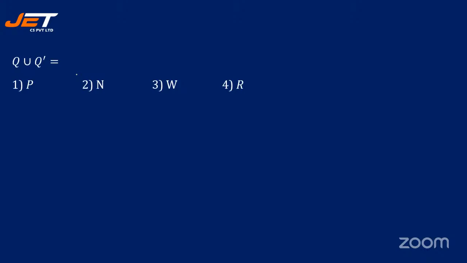Q union Q dash is equal to dash. Just now we learned Q represents rational numbers. So Q dash will represent irrational numbers, isn't it? So Q is rational numbers, Q dash is irrational numbers.